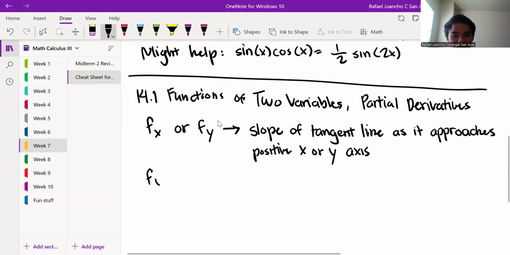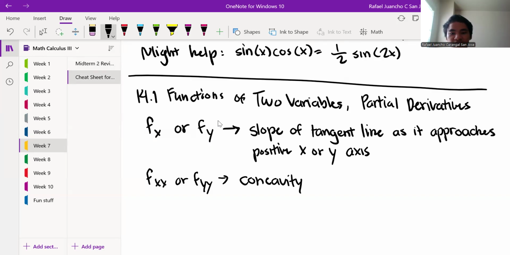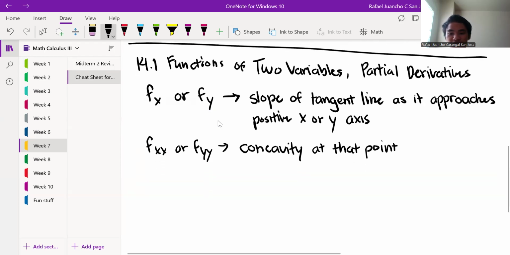When we're being asked to do something like fxx or fyy, here we're looking at concavity at that point. So what do I mean?